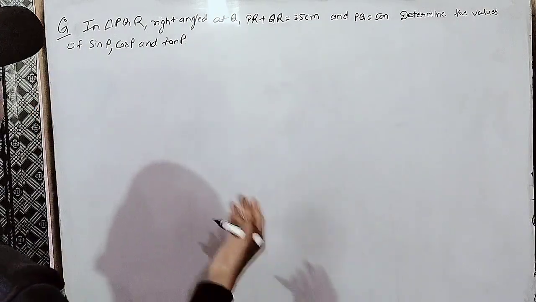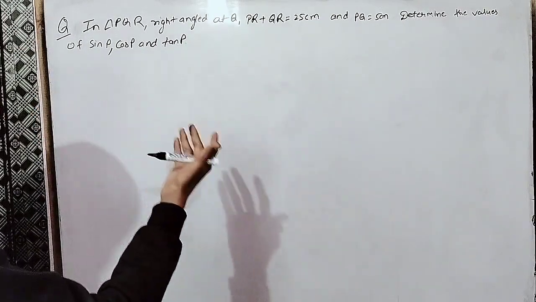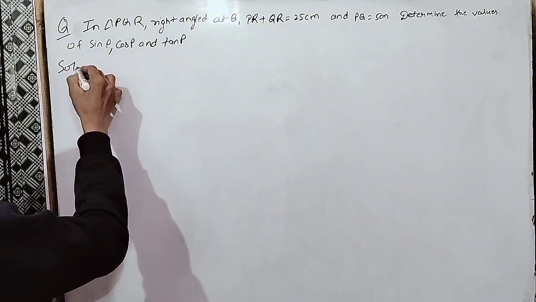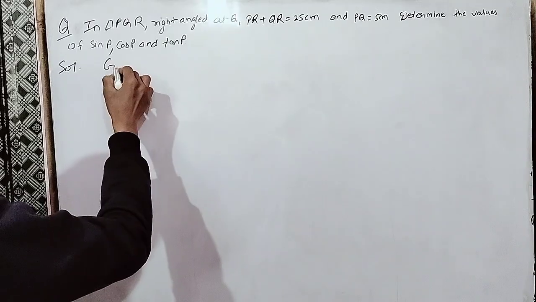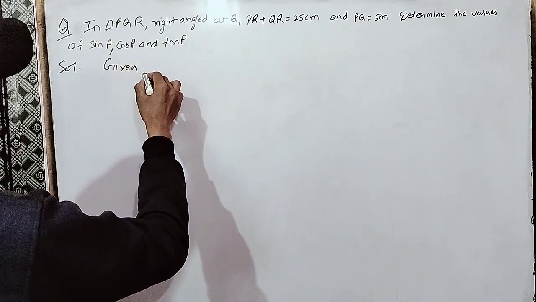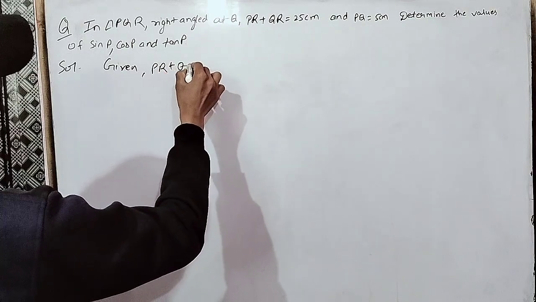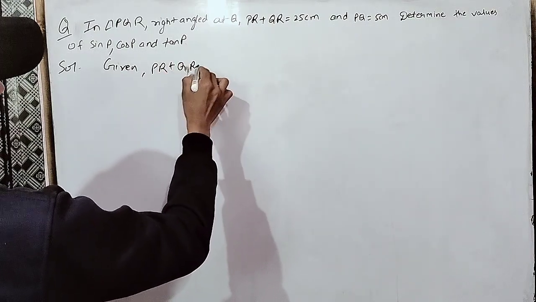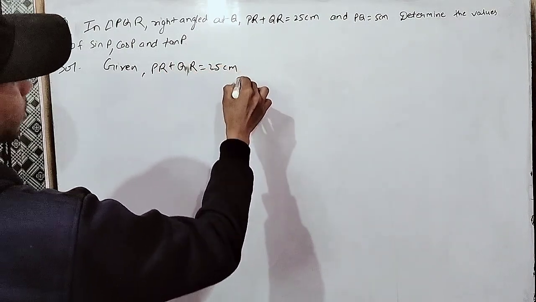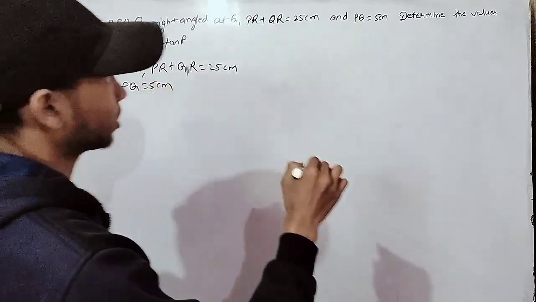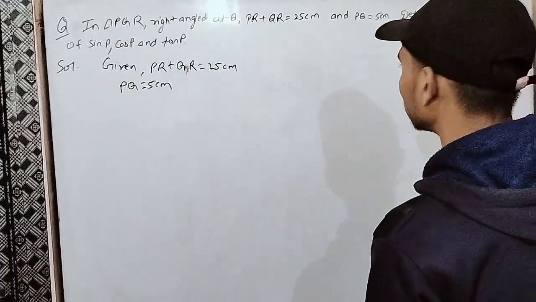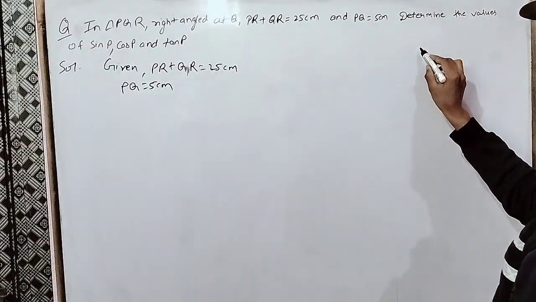Then we will be able to solve for sin P, cos P, tan P. Given 25 centimeter, PQ 5 centimeter. Let's create a diagram for this question.